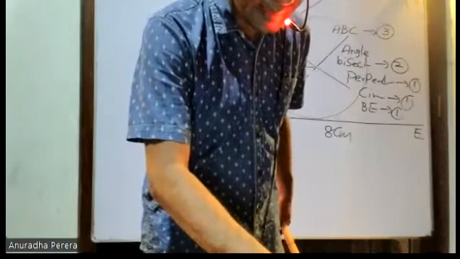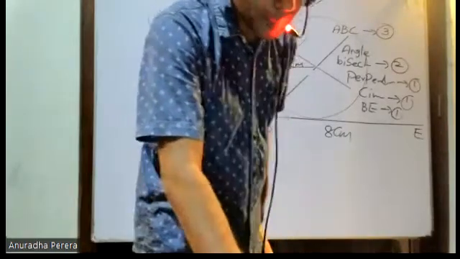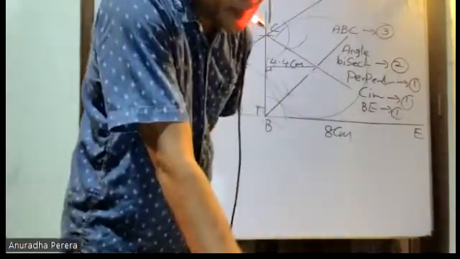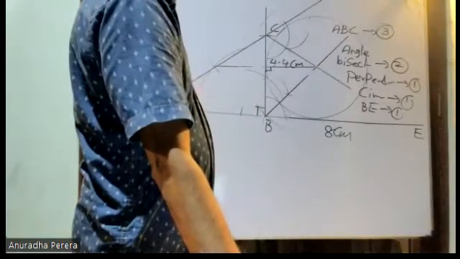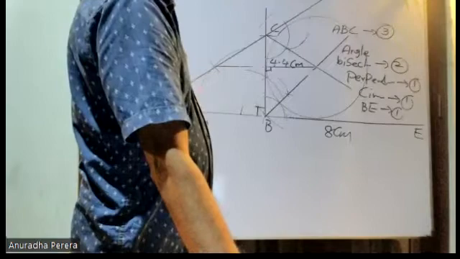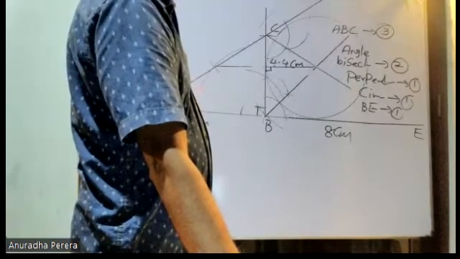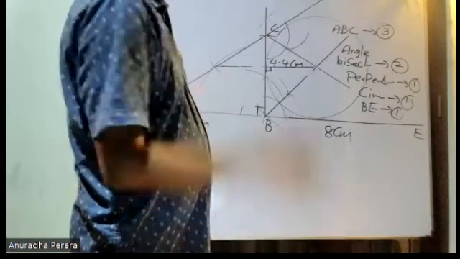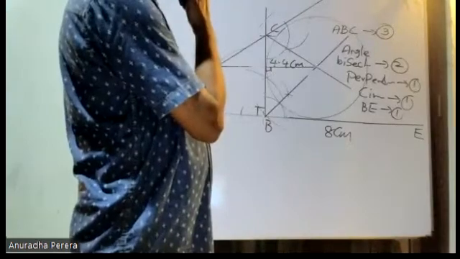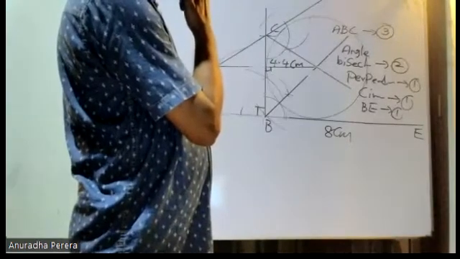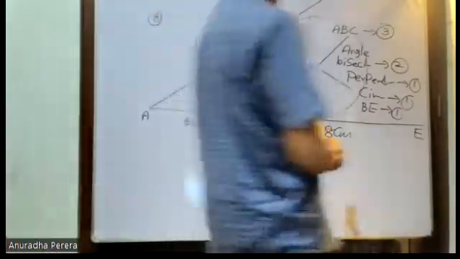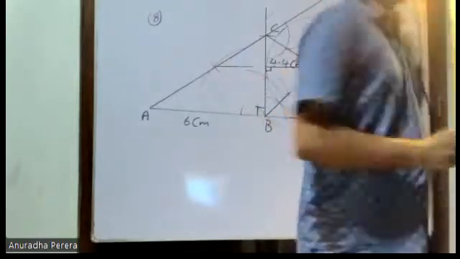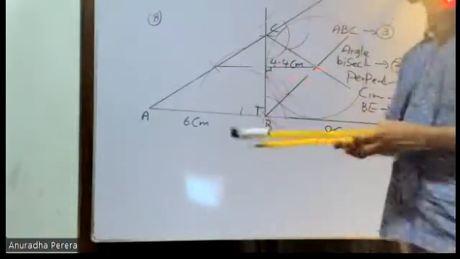Construct the other tangent that can be drawn to the circle from E. You can measure this length.